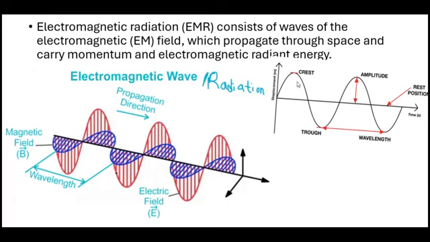The crest is the peak of each wave, and the wavelength is measured from one crest to another. And the trough is the peak below the crest.